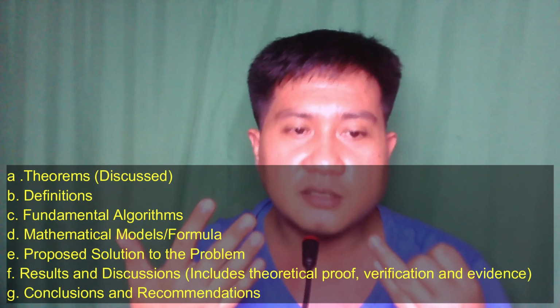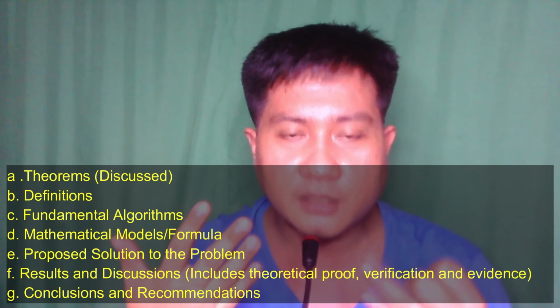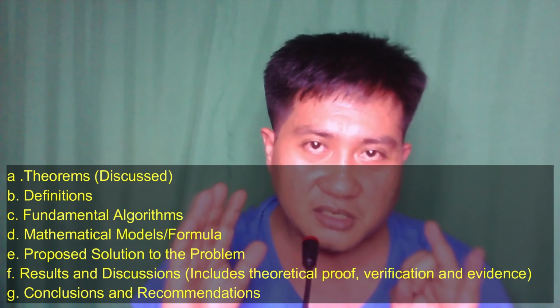And the last one is conclusions and recommendations. So these seven important factors are what you have to include in your review of related literature in your related studies.